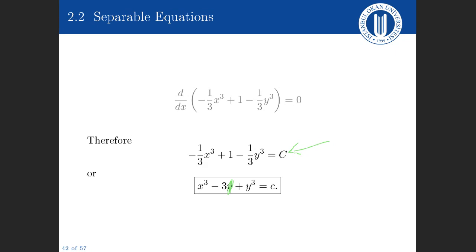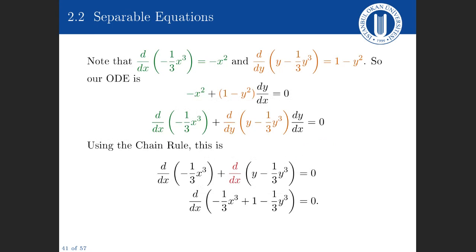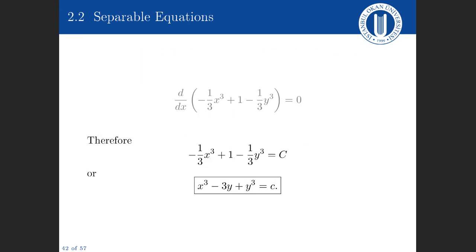No, there must be a different mistake. Yes, here's the mistake. This one should be a y. So this should be a y, this should be a y. And then this is correct. x cubed minus 3y plus y cubed is equal to a constant.